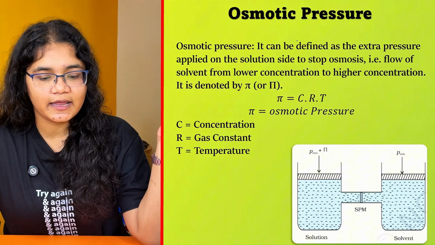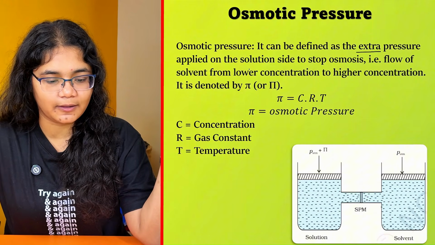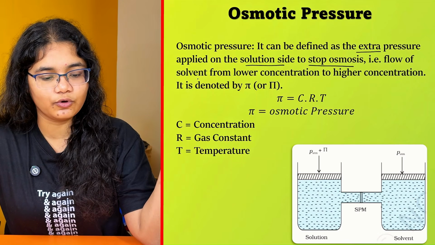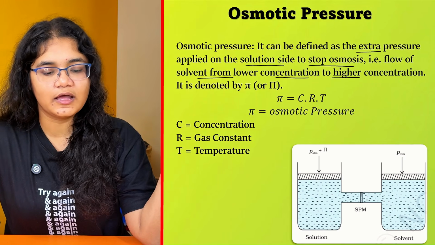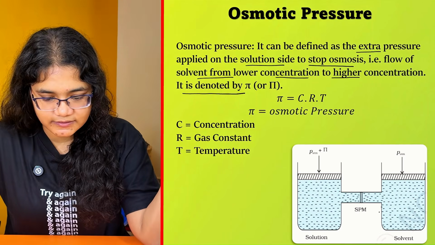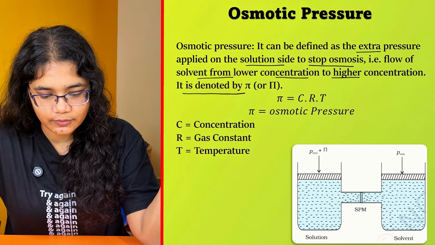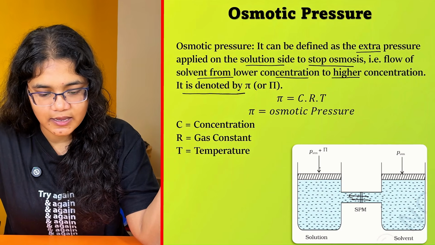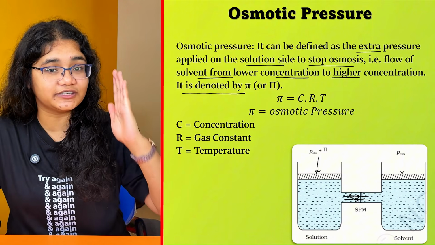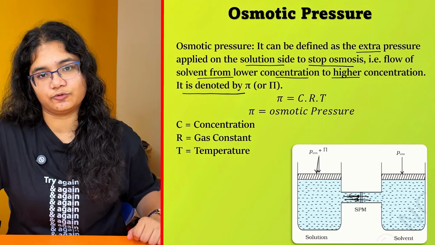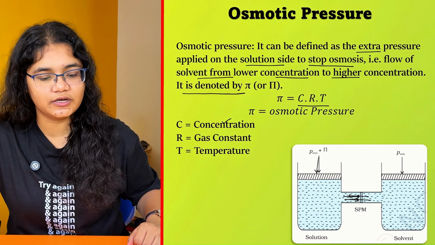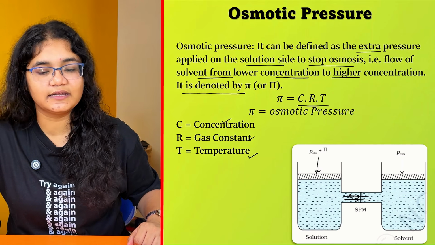It can be defined as the extra pressure applied on the solution side to stop osmosis, that is the flow of solvent from lower concentration to higher concentration, and is denoted by pi. If I apply certain pressure here such that the osmosis just stops, then we call it osmotic pressure. Pi is equal to C dot R dot T. C is concentration, R is gas constant, and T is temperature.